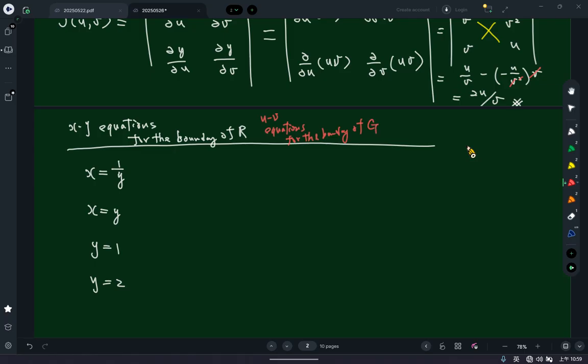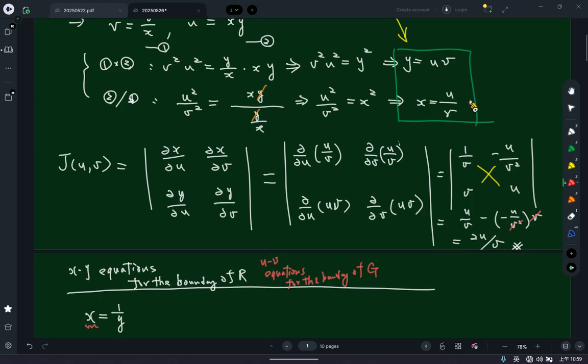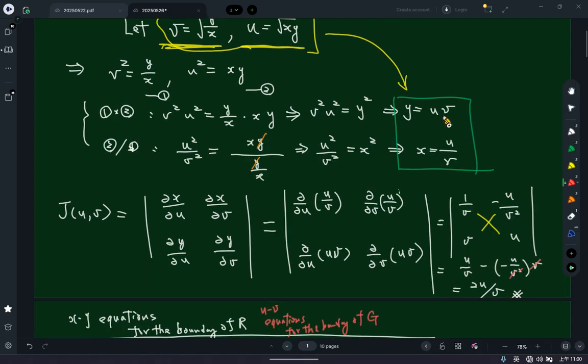So first one, when we encounter X, S is here. So we will use u over v to replace X. It is equal to 1 over Y. Y here is uv.